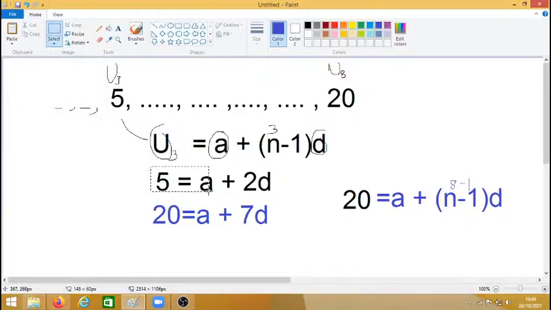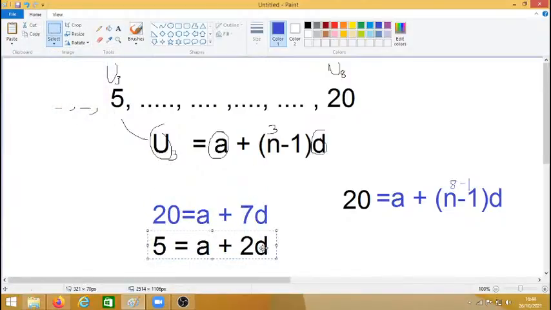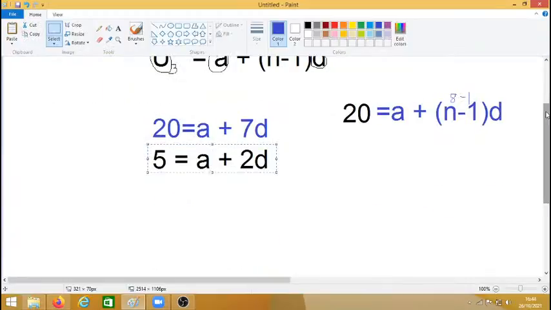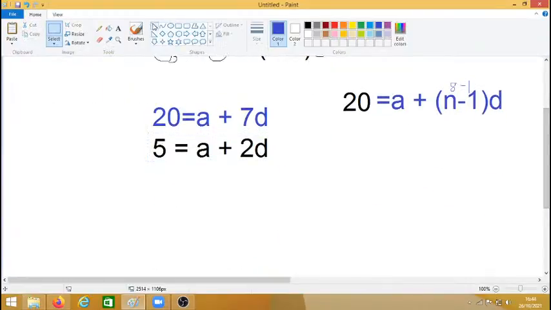Always better to put the bigger one at the top, the smaller one at the bottom, because then when we subtract, it's nice and easy. We get positive numbers, so we're going to just take away the two equations. We can take away straight away because the a's already match up, otherwise we'd have to do some timesing to try and get the d's to match, or if the a's don't match, then we'd have to try and get the a's to match. But here the a's match nicely, so we can just do a takeaway.